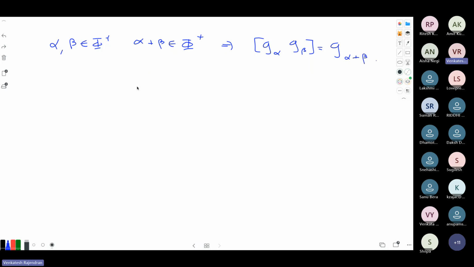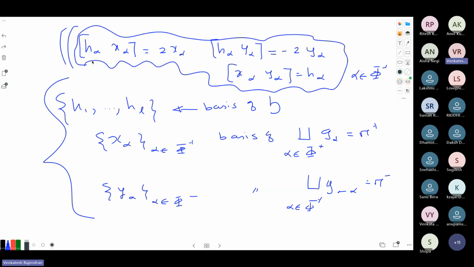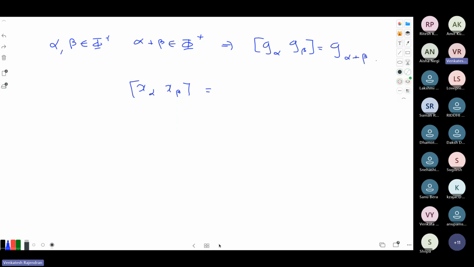So remember these X alphas are already chosen. They are not something you are going to construct. They are chosen so that this SL2 triple is actually made. So the choice of X alphas are made.